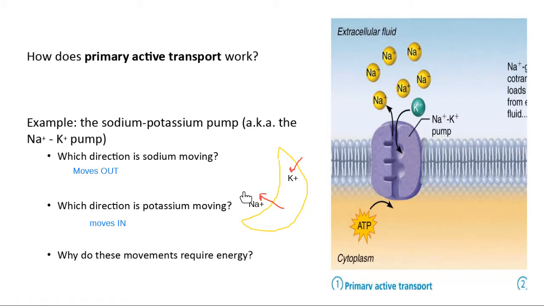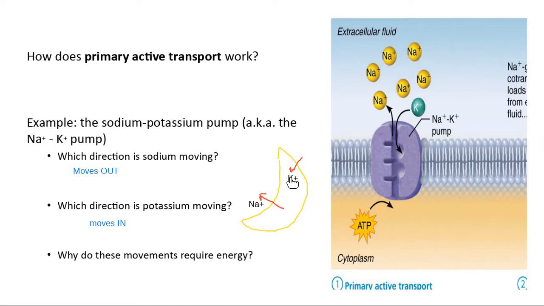I already have a lot of sodium out here. You told me that I already have a bunch of sodium on the outside. I already have a lot of potassium on the inside. And yet, the way that this protein moves things, sodium goes from low to high, and potassium goes from low to high.